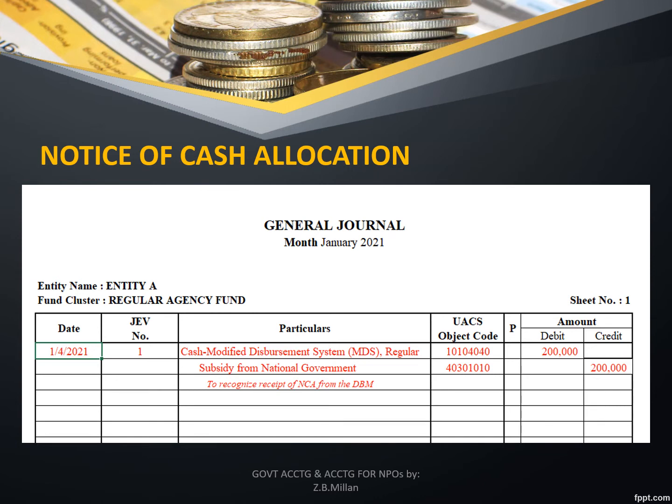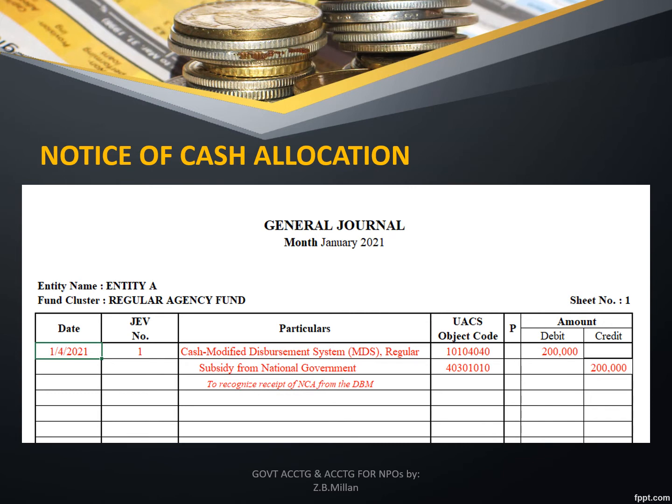Once na na-receive na natin yung notice of cash allocation. So, once na-receive kasi yung notice of cash allocation, ang nangyari dito is na-receive na natin yung amount of cash that can be used to be disbursed in payment of the obligations. Okay? Or in payment of the expenditure.